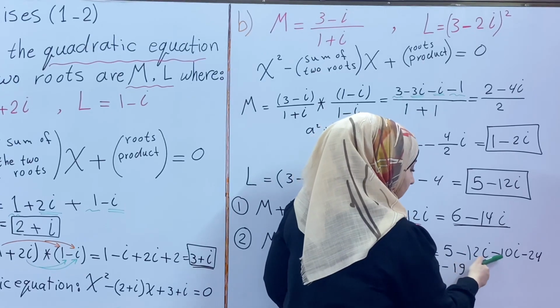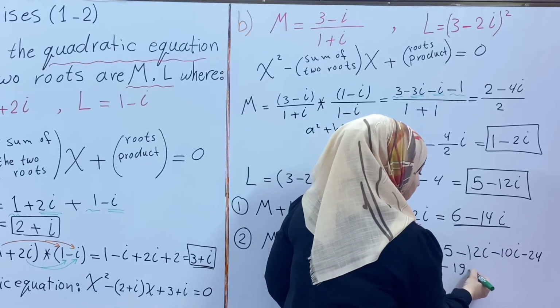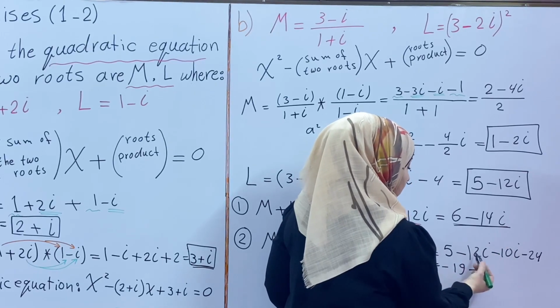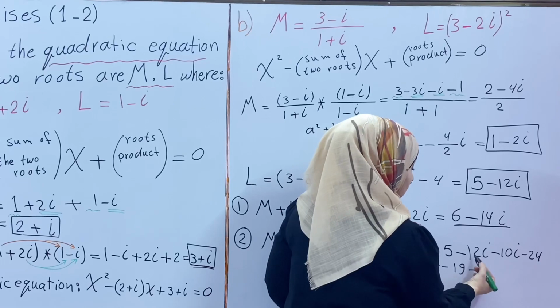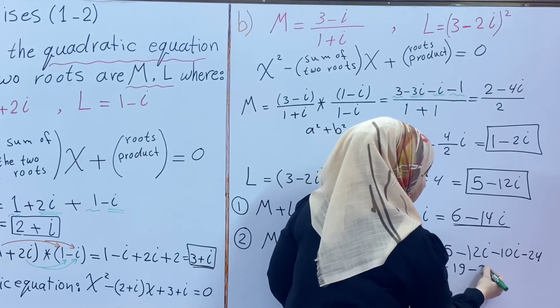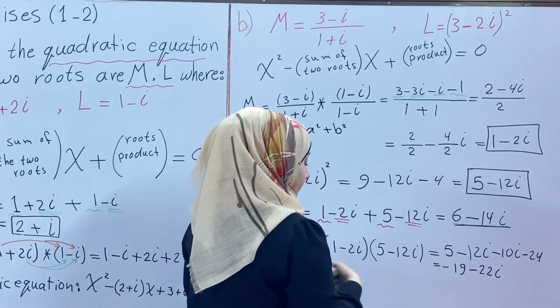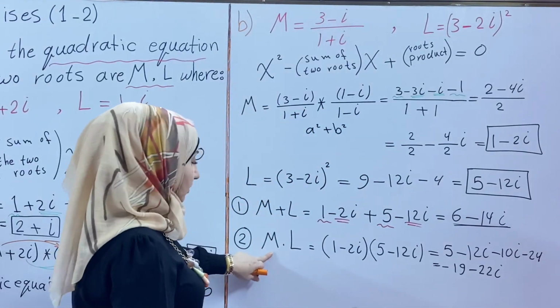Negative 12i minus 10i, we put the same sign and add the coefficients. 12 plus 10 equals 22i. This represents the product of the two roots.